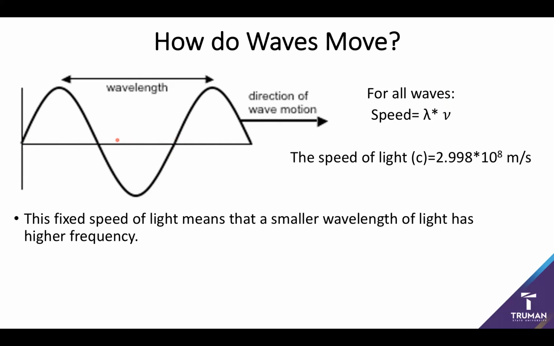You're going to see more cycles. This results in a classic inverse relationship. Wavelength can be given as the speed of light over frequency, and similarly, frequency can be given as the speed of light over wavelength. And there's a lot of ways we can relate this to real world problems.